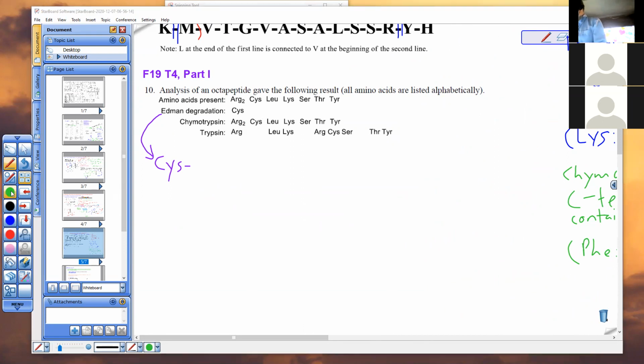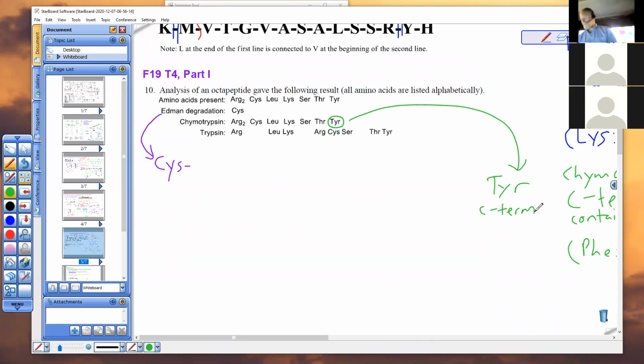So the question now is, if nothing got cut, which is basically what this says, doesn't that mean there couldn't be anything after Tyr, or else I would have got a second fragment? Yeah. So this is good news. There can't be anything after Tyr if you do a chymotrypsin experiment and Tyr ends up with all of the other original amino acids. That means Tyr is here. It's at the end. C-terminal. Can't have anything after it.